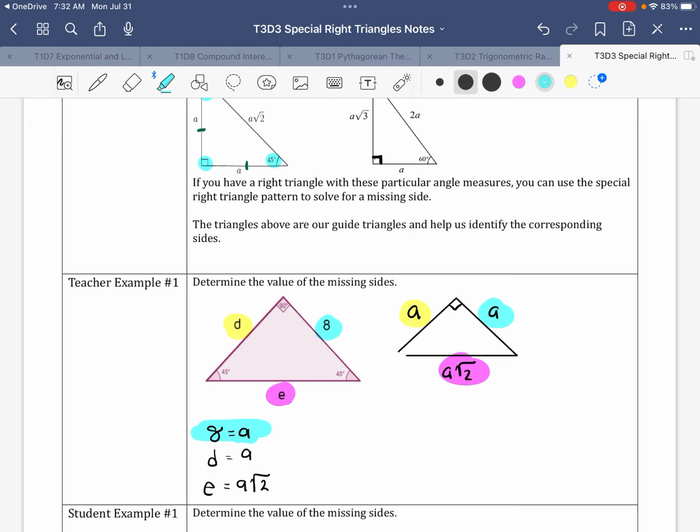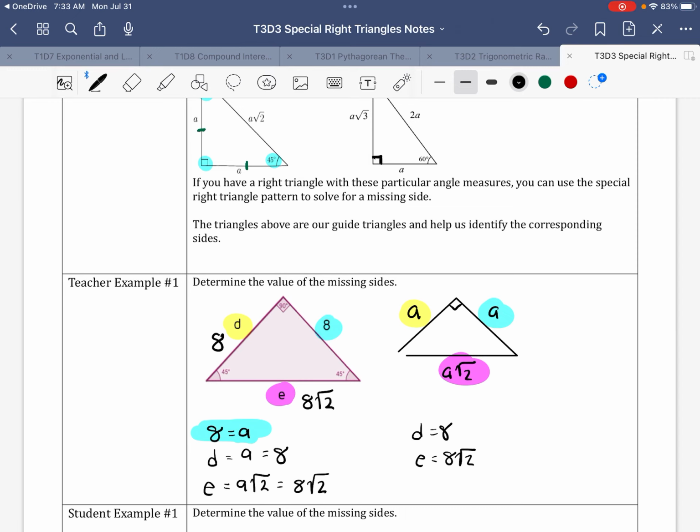But since we know that 8 is equal to A, anywhere we see the letter A, we can replace it with the letter 8. So right below, D also equals 8. And then lastly, our hypotenuse, our longest side, is equal to 8 square root 2. So we know that D equals 8 and E equals 8 square root 2.